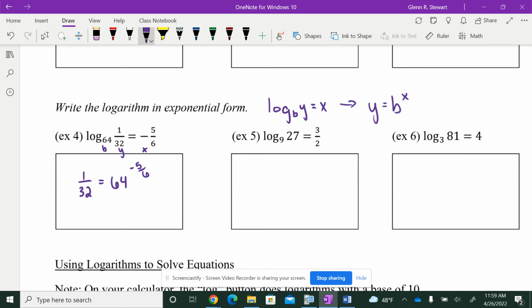If you want to try 5 and 6 on your own, you can go ahead and do that. You don't necessarily have to follow along. Just make sure that you're getting those answers with me. Those of you that later on watch this video, you can fast forward and pause and do all that kind of fun stuff. So 27 is my y, and then 9 to the 3/2.